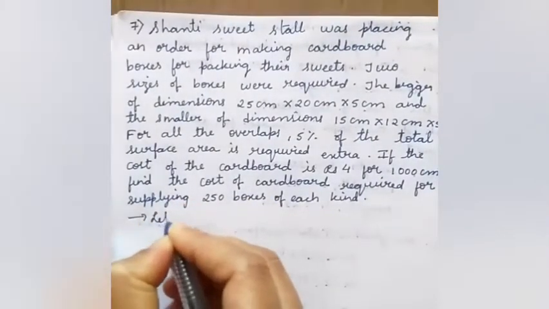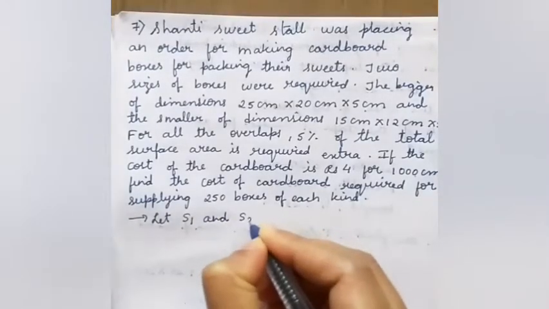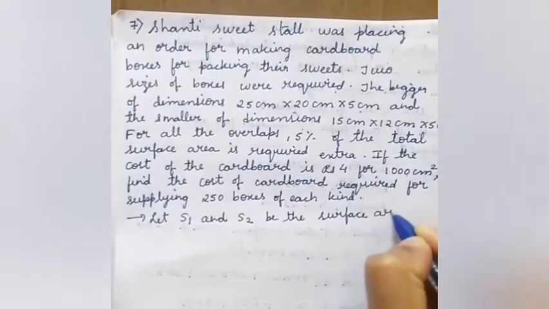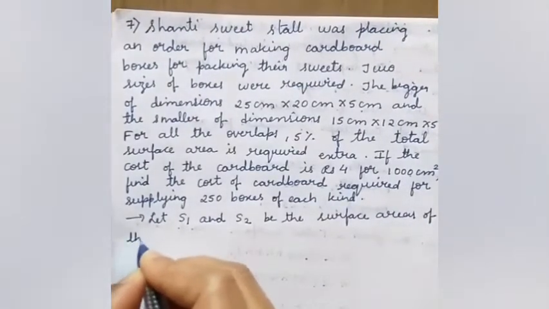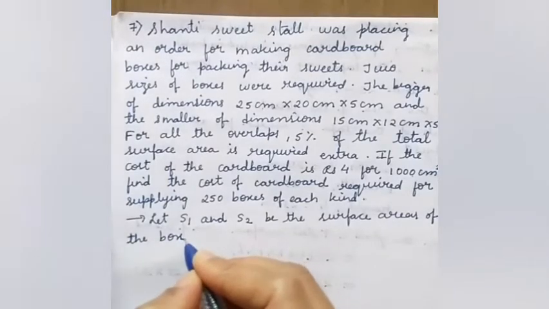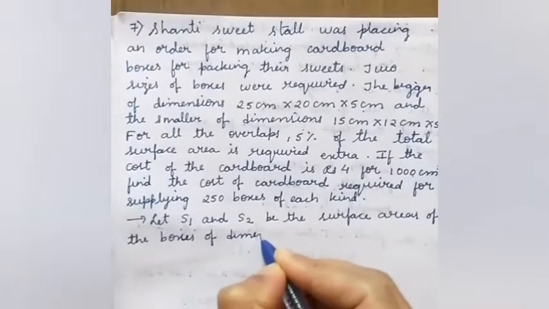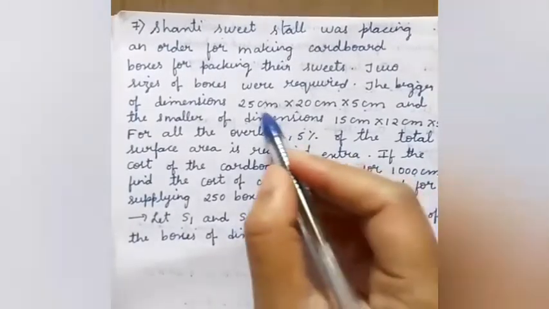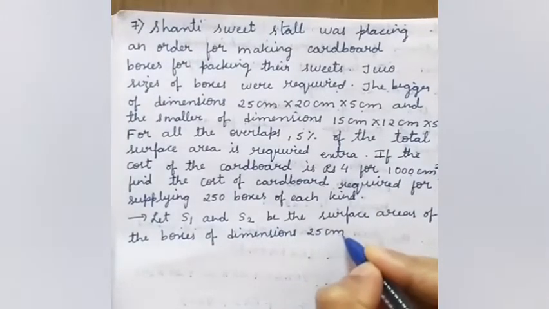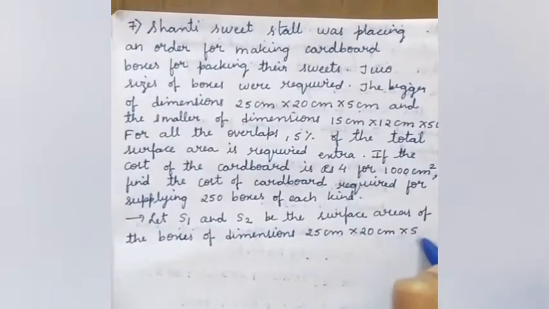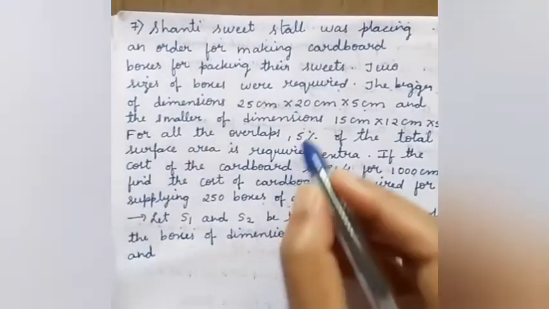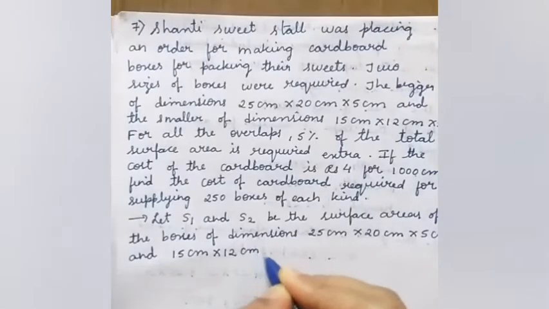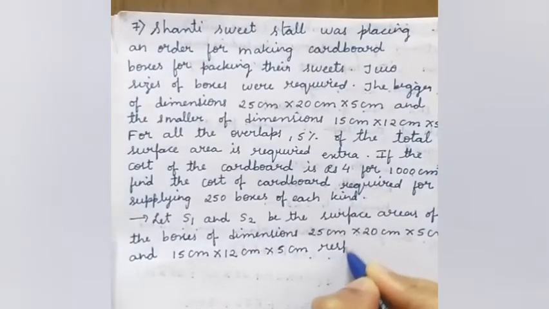So we start with, let S1 and S2 be the surface areas of the boxes of dimensions 25 centimeter into 20 centimeter into 5 centimeter, and 15 centimeter into 12 centimeter into 5 centimeter respectively.